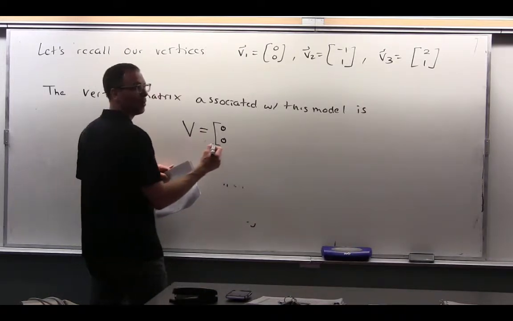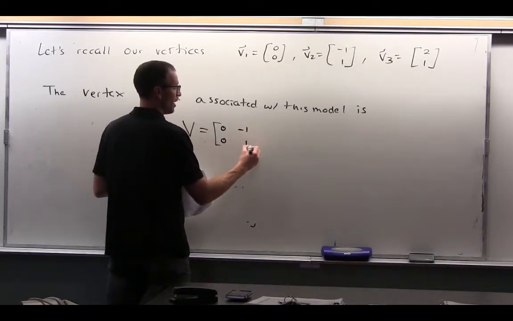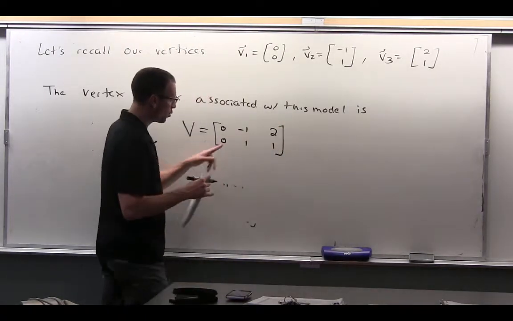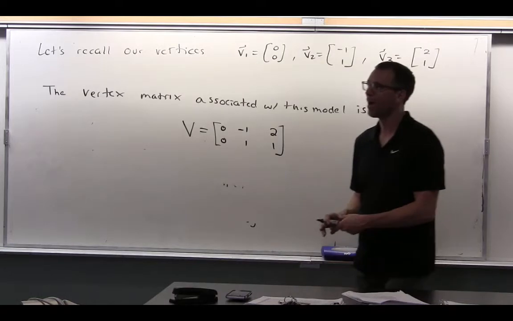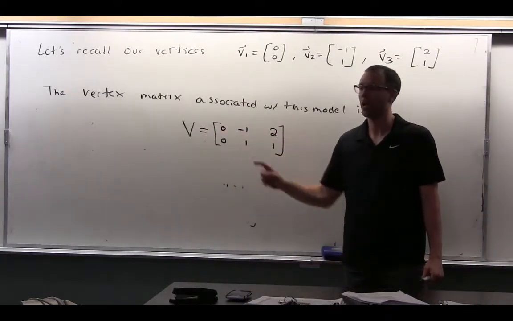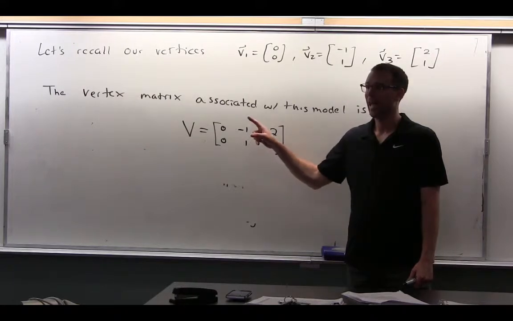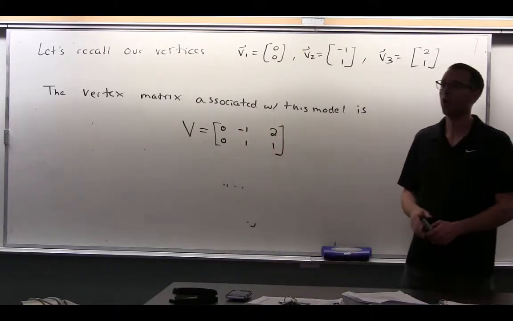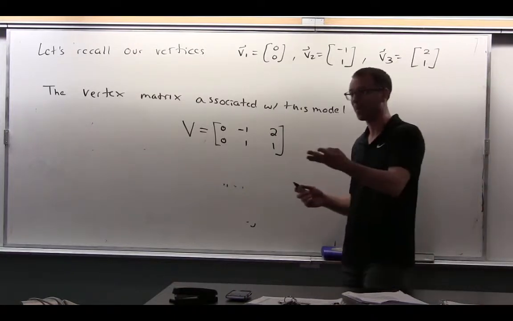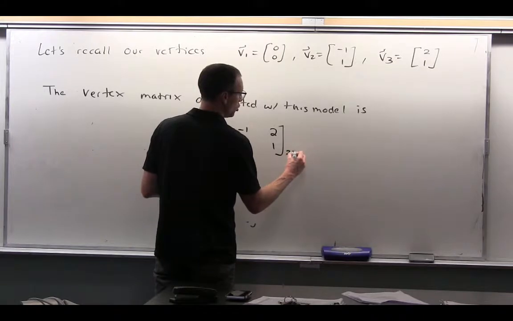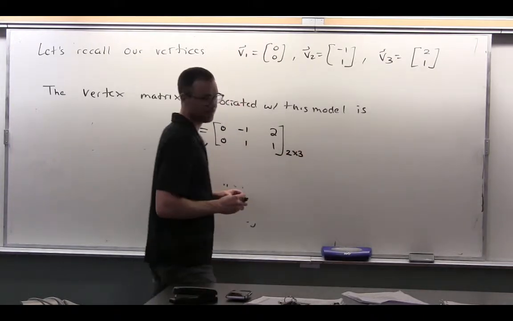What's the second column of V? -1, 1. What's the third column of V? 2, 1. This one right here is called the entry by entry definition of that matrix, because how did I specify the entire matrix? Entry by entry. I didn't specify column by column. That's called the column partition version, and we'll get there eventually. So this is now what we call a 2 by 3.